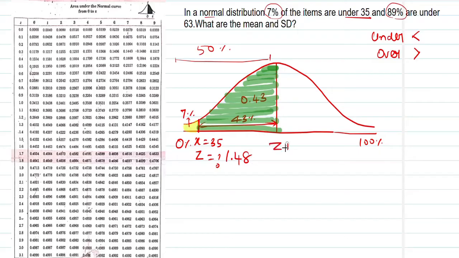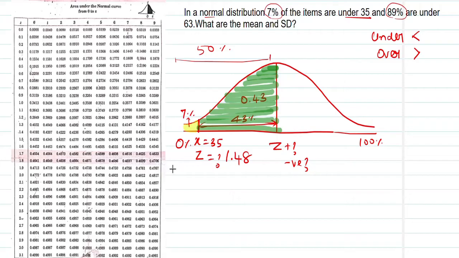The second important thing after finding Z, what we need to ask ourselves is: is Z positive or is it negative? At this position, we know that for both positive and negative, we use the same chart because it represents the area. But when it comes to the value of Z, we need to be careful whether it lies to the left hand side or to the right hand side. Now Z lies to the left hand side, which means, do you think Z is positive or negative?